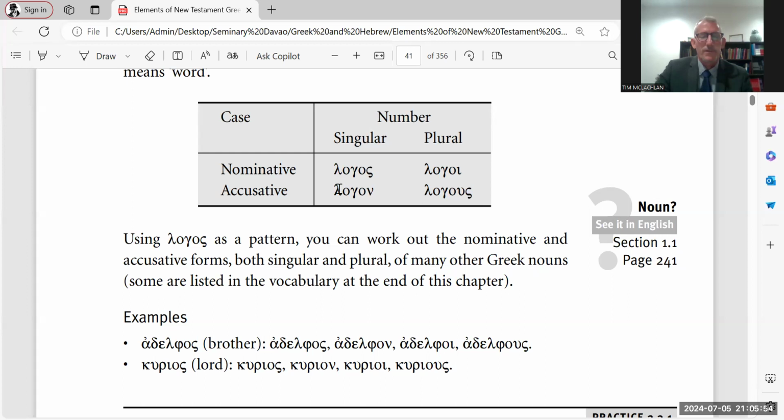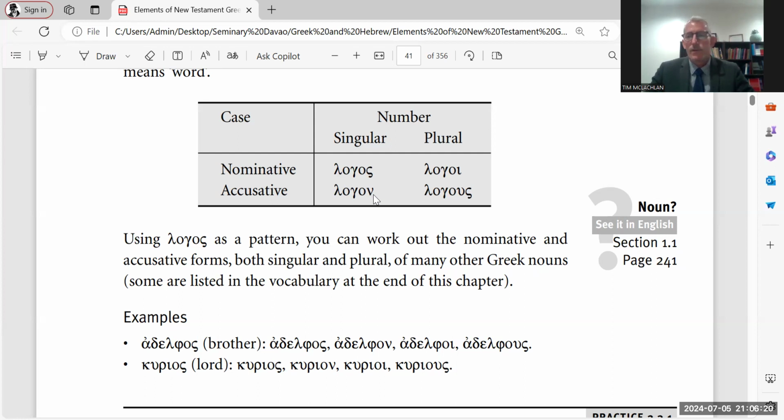It's nominative. But then if you said, for example, I see the man, and you say blepo, I see, then he would be anthropon. In that case, I see a man. You don't have the article. Remember, if there's no article, just translate it as a usually. Okay, so I see the man: blepo anthropon.